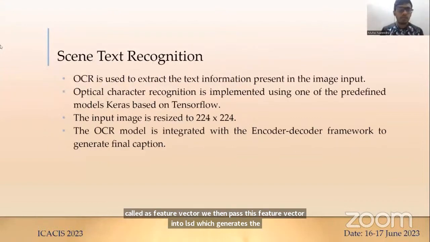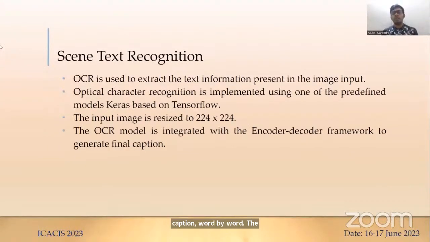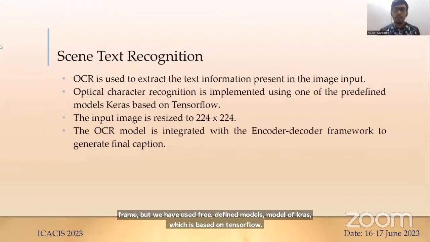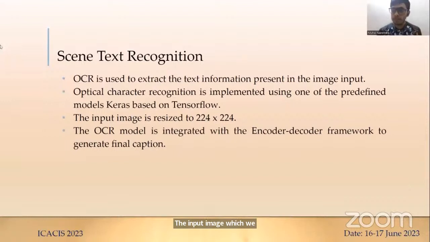The fourth important part is the scene text recognition, which we have implemented using OCR. What we have done is extract the text information which is present in the input image to assist in increasing the quality of the caption which we are generating using our encoder-decoder framework. We have used predefined models of Keras, which is based on TensorFlow. The input image which we give to the OCR is of size 224 by 224.